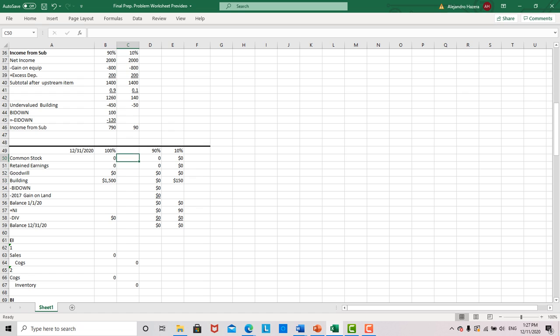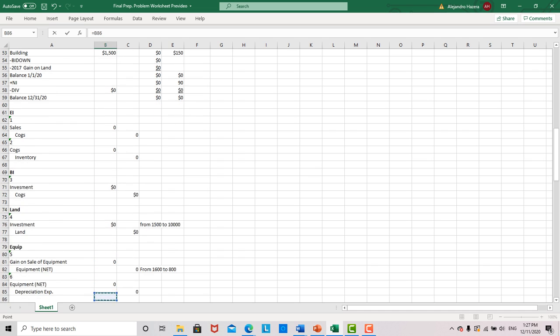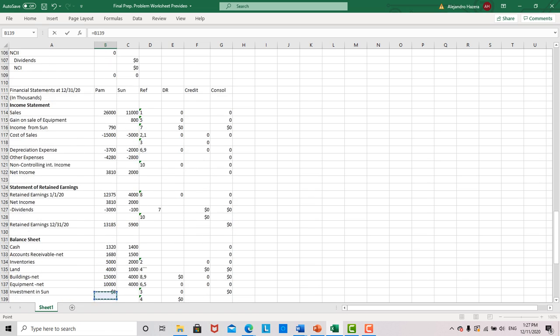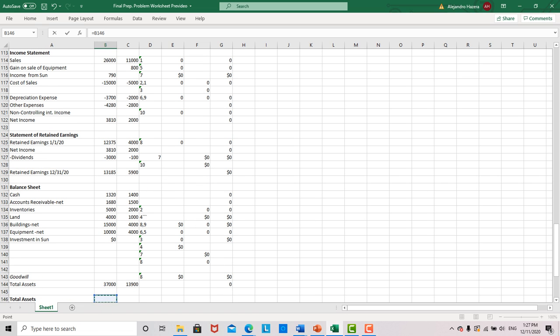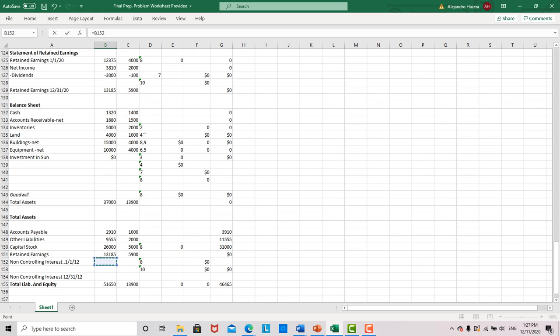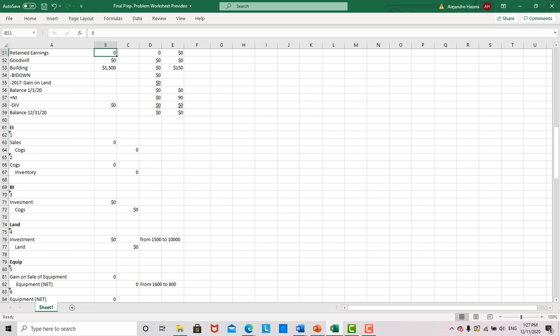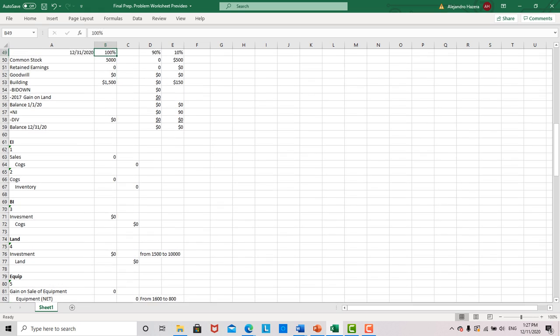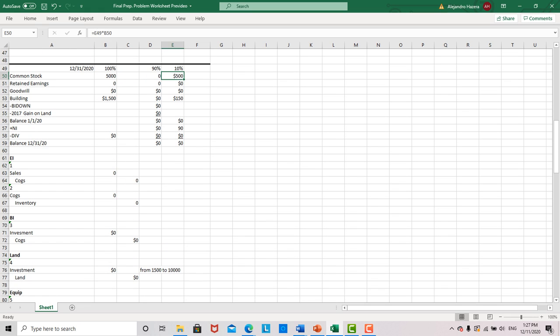Okay, so we're going to start with common stock. Let's just go ahead and take that from the balance sheet. Now we know that our assumption in this class is the common stock doesn't change. There's no treasury stock or anything like that. So the sub had $5,000 common stock to start the year. We're assuming it's always. Okay, we'll split that 90-10 later.